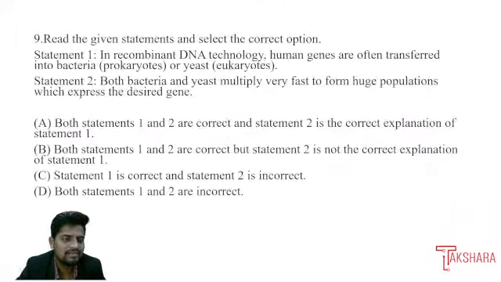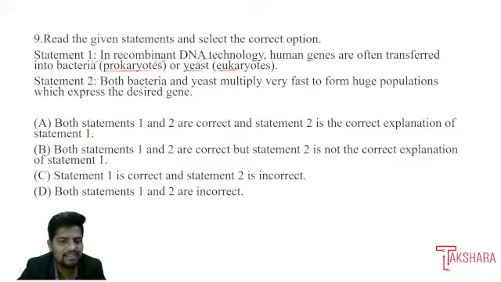Next, question number 9. Read the given statements and you have to select the correct options. Regarding statement number 1, in recombinant DNA technology, human genes are often transformed into bacteria, that is an example of prokaryotes, or into yeast, that is an example for eukaryotes. Here I use it in two ways: in recombinant DNA, when human genes are transferred, it can be a prokaryote or a eukaryote. In eukaryotes the specific example is yeast, and in prokaryotes it is bacteria. Okay.